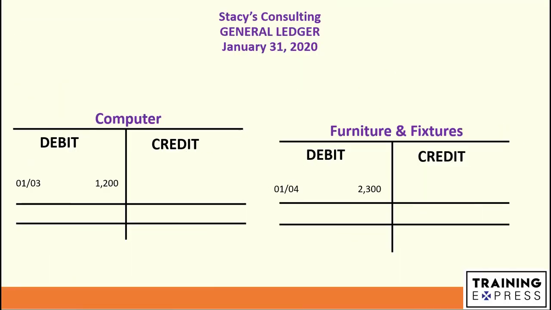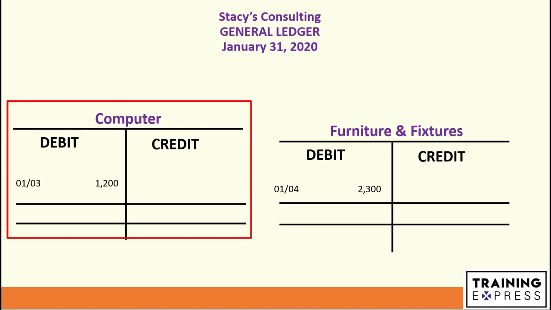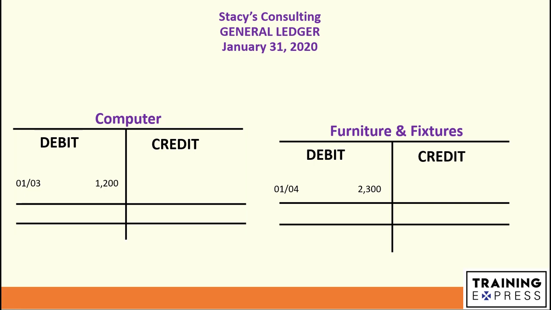Now let's continue our discussion of balancing the T accounts or ledgers. Here we are going to balance two ledgers, computer and furniture and fixtures. So you can see the debit side has one transaction and the credit side has no transaction. So we are going to total each side. Let's total the debit side, and that is $1,200.